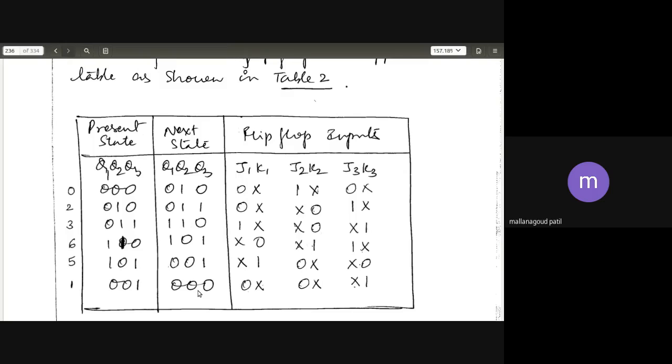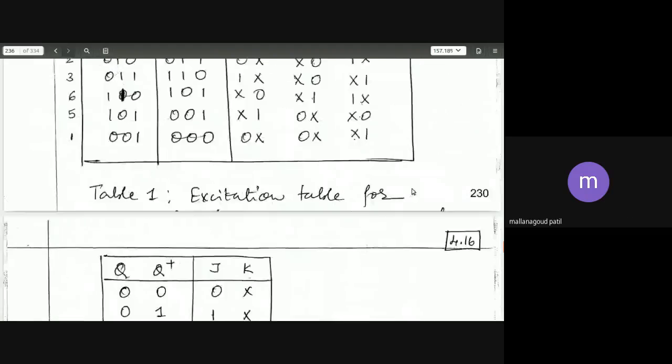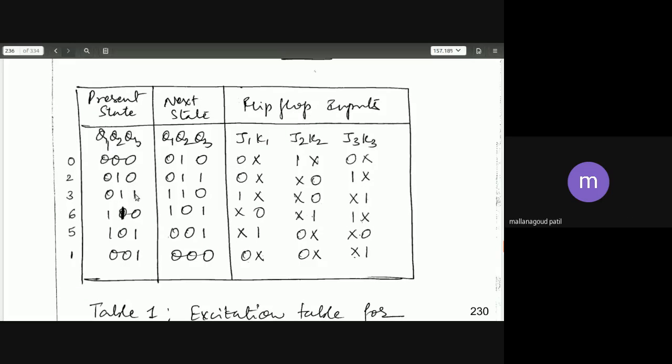Any doubt? Present state to next state. Okay, see here. Present state will be given here. I can go back. Present state is 0, 2, 3, 6, 5, 1. Have you understood this?